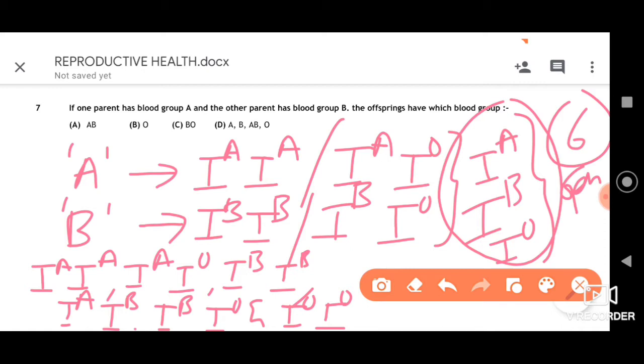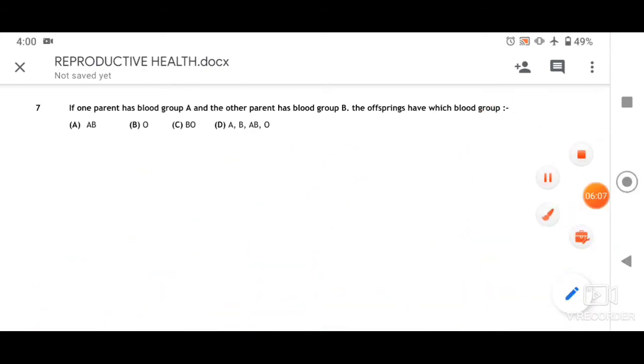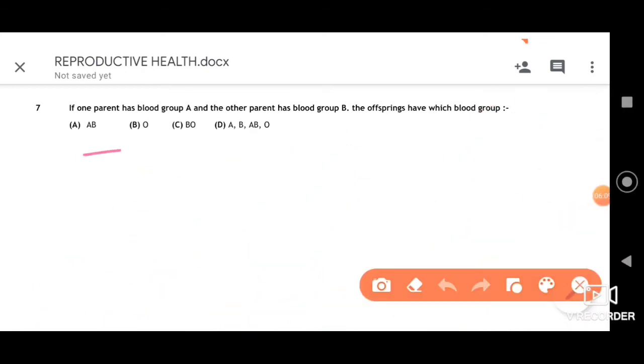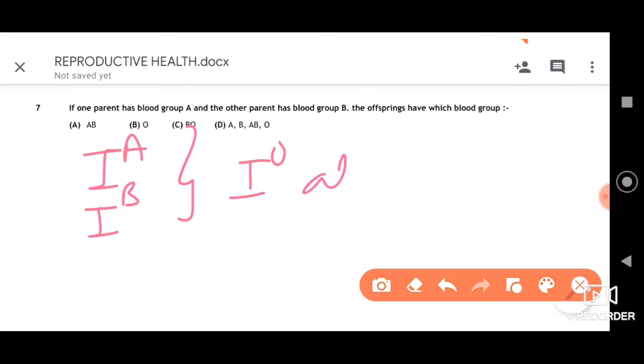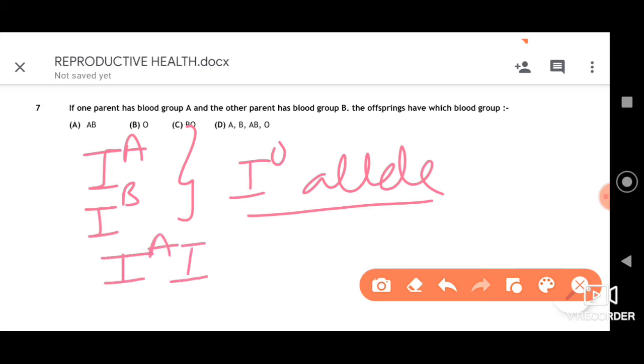Now you also understand that IA and IB are dominant over the IO allele, which is very significant. So the genotypes IA IO and IB IO will give rise to A and B blood groups respectively.